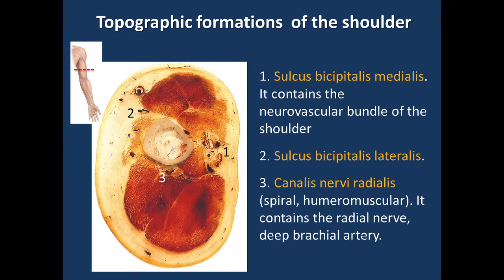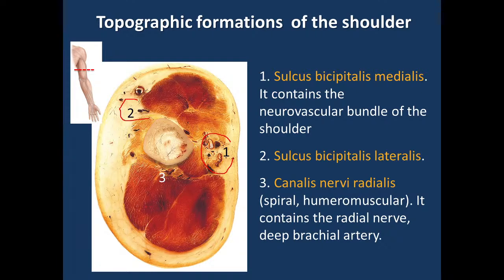On the shoulder, we could find three topographic formations. Here you see a cut of the shoulder. This is the level of cutting, and you see two sulci. Sulcus bicipitalis medialis with a lot of vessels and nerves.